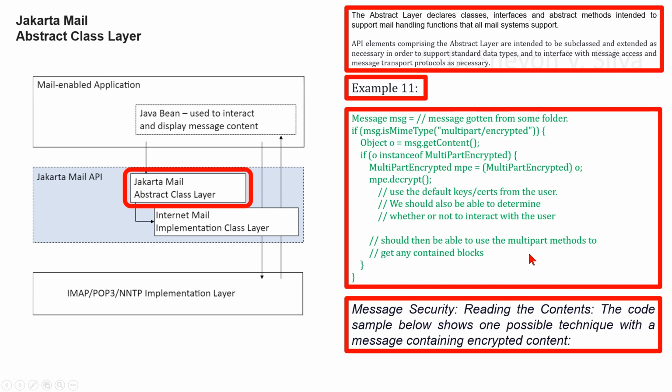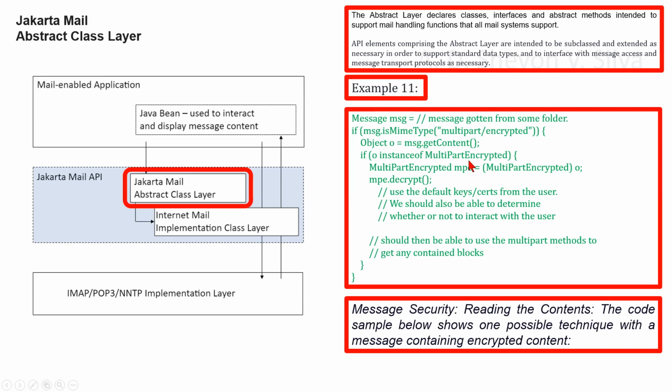There will be times when an applet or application needs to retrieve the content of the message without displaying it. The code sample here shows one possible technique with the message containing encrypted content. The getContent method returns a multipart encrypted object.